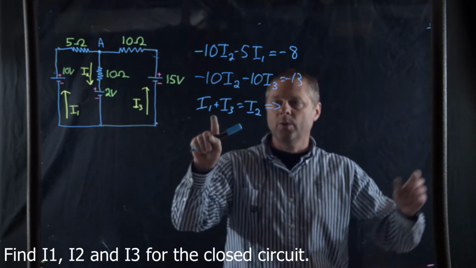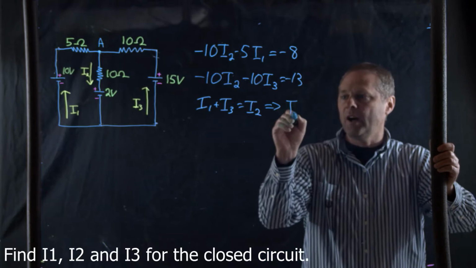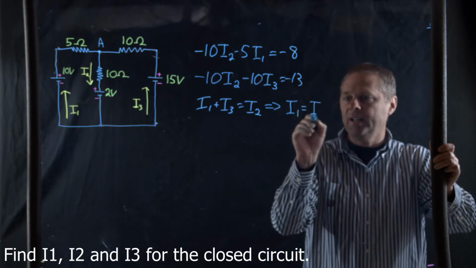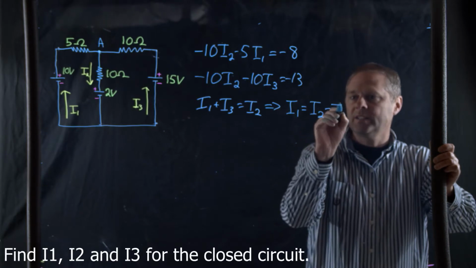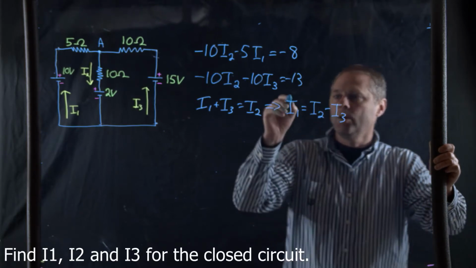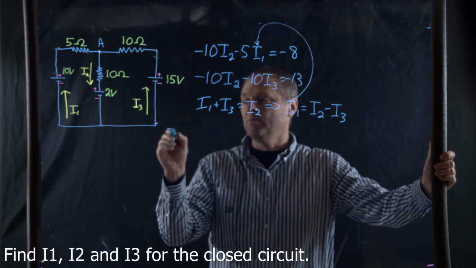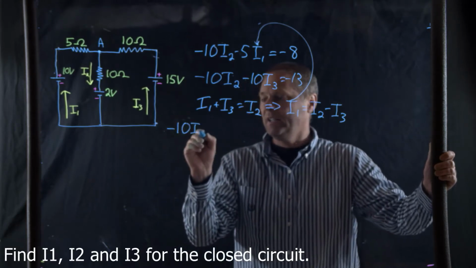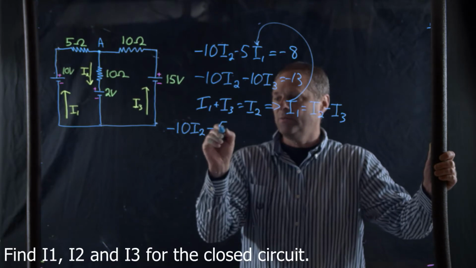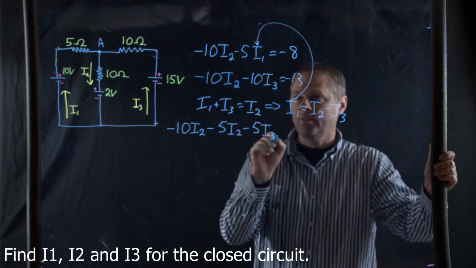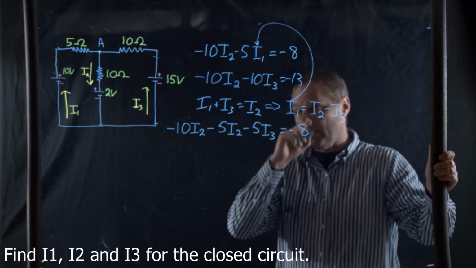If we look at this equation right here, we can solve it for I1, which is equal to I2 minus I3. We can substitute that in, and we end up getting minus 10I2 minus 5I2 plus 5I3 is equal to negative 8.